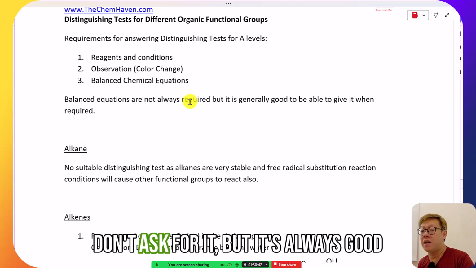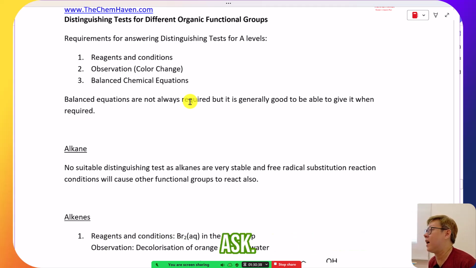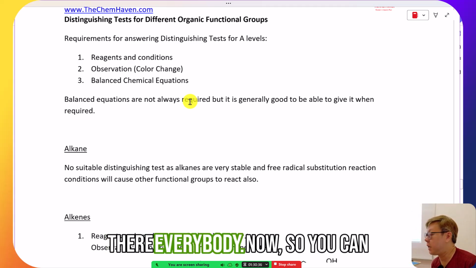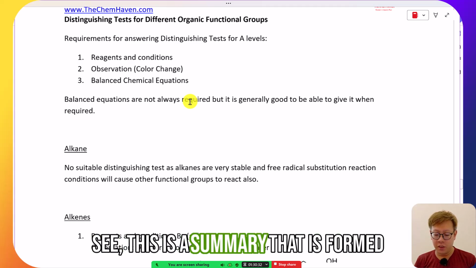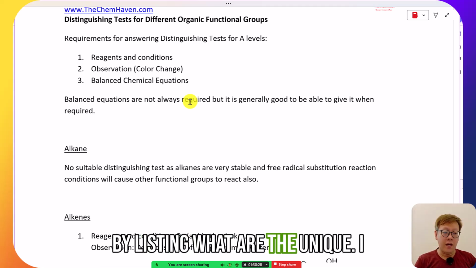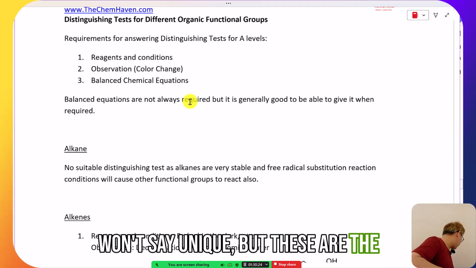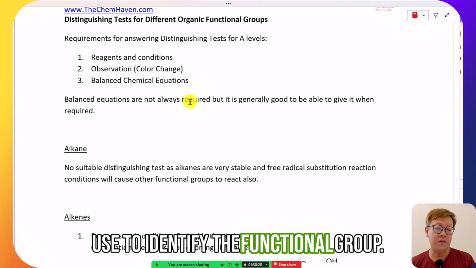Sometimes they don't ask for it, but it's always good for you to know it in case they ask. Clear, everybody? Now, so you can see this is a summary that is formed by listing the usual distinguishing tests that we use to identify the functional group.